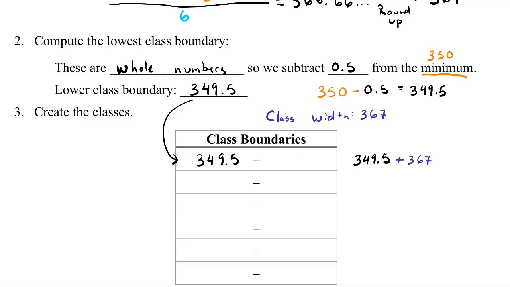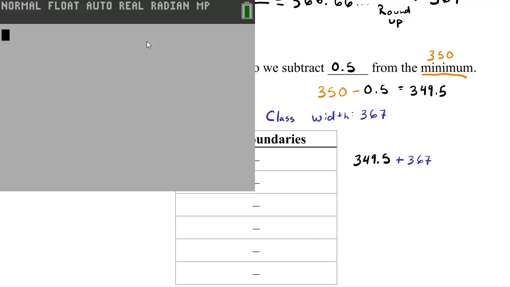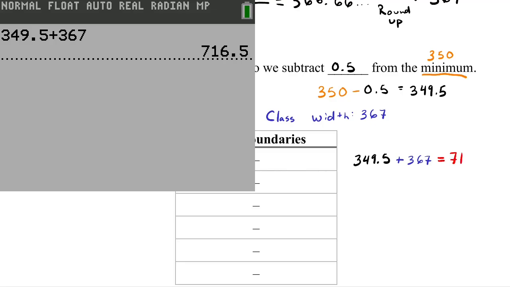And I'm going to do my addition on the calculator. And I'm actually going to take advantage of some shortcuts that the calculator gives me. So I'm going to do 349.5 plus 367. So my first upper class boundary is going to be 716.5.